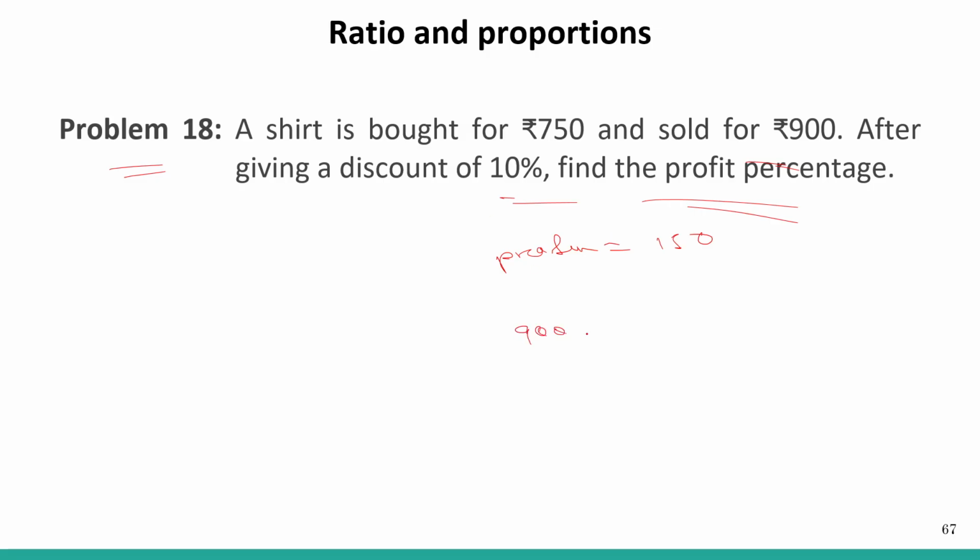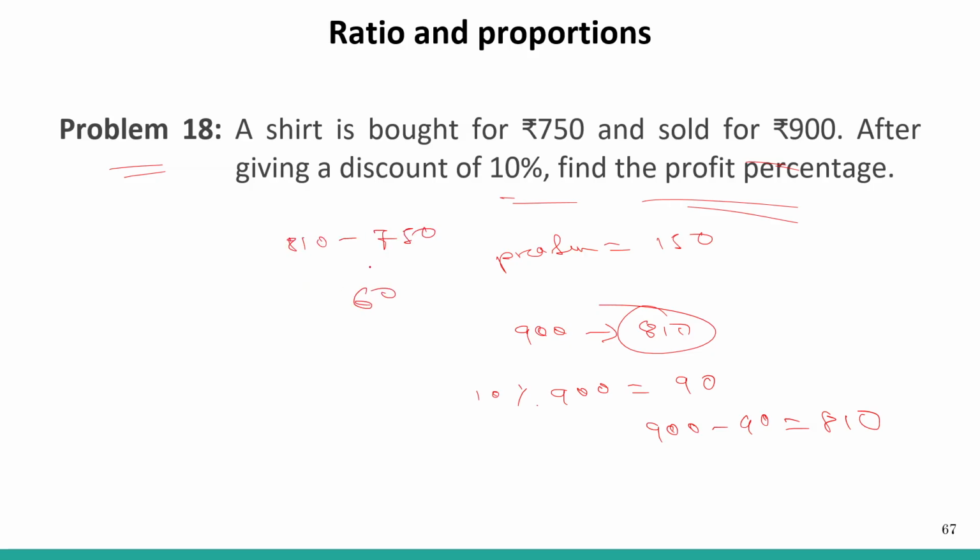So the selling price of 900 comes to 810, as 10% of 900 is 90, and 900 minus 90 is 810. So now the selling price is 810. The profit became 60 rupees, as 810 minus 750 is 60 rupees.